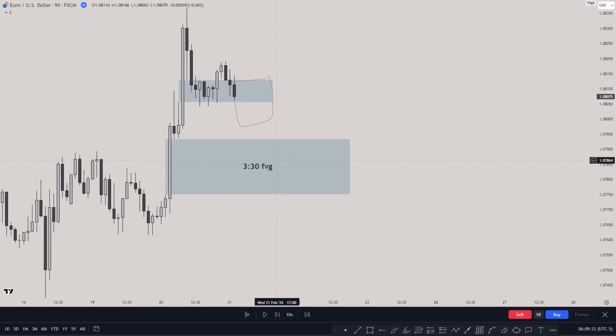By knowing what time the fair value gap was created, I would be expecting price action to respect and react from the fair value gap at exactly the same time. 3:30 is when the fair value gap is created, and there is a big possibility that the fair value gap is going to be respected, or at least price is going to come to this fair value gap again at 3:30. Because why? We now have a fair value gap created in the 3:30 90-minute cycle, and we're going to expect price to come at exactly the same cycle.